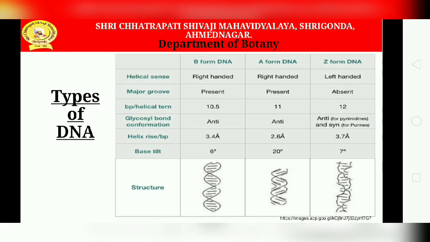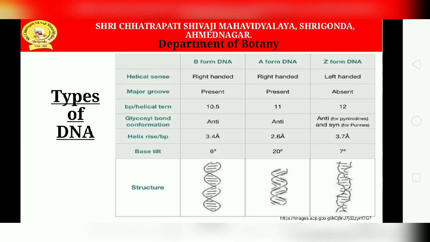For base pairs per turn, there are 10 in the B form, 11 in the A form and 12 in the Z form.